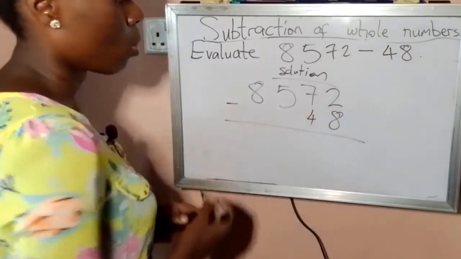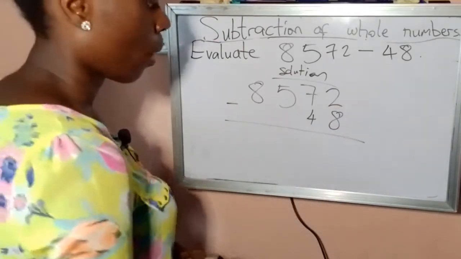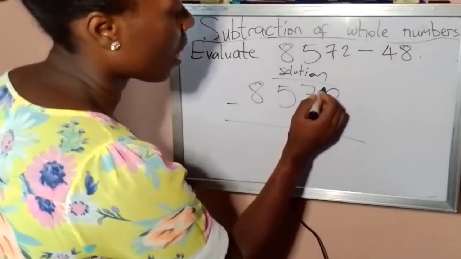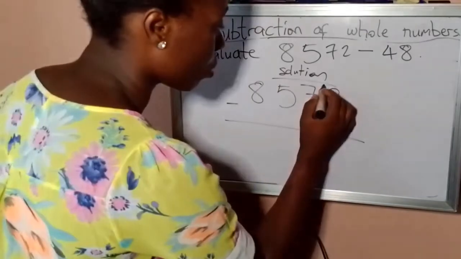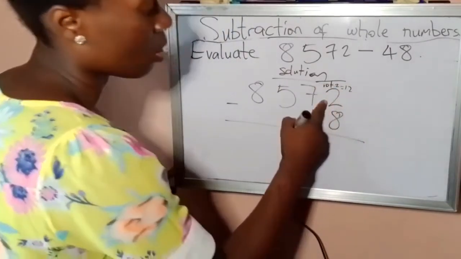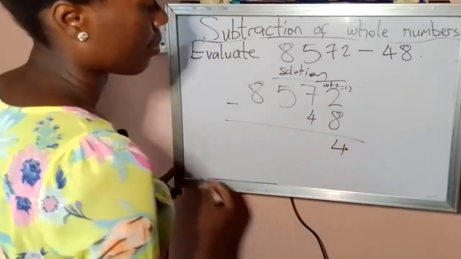So let's work on our operation. 2 minus 8, it cannot go. Why? Because 2 is smaller than 8. It's not possible. So what we do is we borrow 1 from here and add it to this place. The 1 we borrow becomes a 10. 10 plus 2 gives us 12. So this place becomes 12. 12 minus 8 then gives us 4.